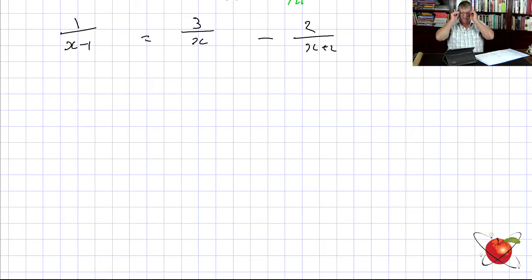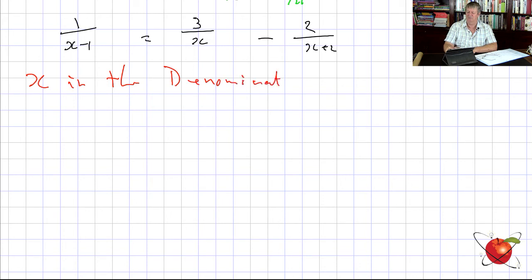Now, before we go any further with this, let's just look at something that's very, very critical. I'm going to change this to red. X in the denominator. Very important. Why?